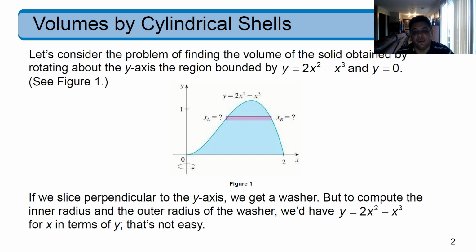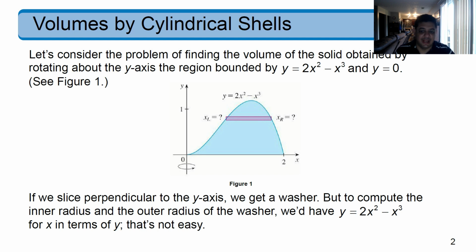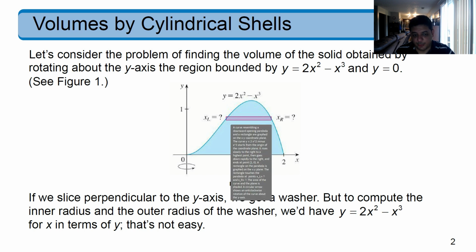We would need to transform this in terms of y, because remember that if we're rotating about the y-axis, then the radius is the distance from here to here. So we need x equals 0 here, and x equals this much here, to be able to calculate the distance between x equals 0 and x equals whatever this point is.